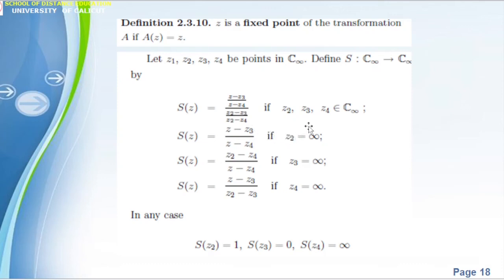If z2, z3, z4 belong to C infinity, S of z is of the form (z minus z3) by (z minus z4) if z2 is equal to infinity, and S of z is equal to (z2 minus z4) by (z minus z4) if z3 is equal to infinity. In all such cases, we have the values S of z2 is 1, S of z3 is 0 and S of z4 is infinity.